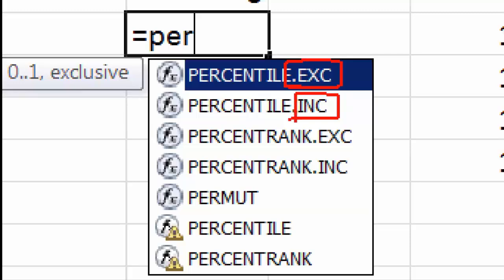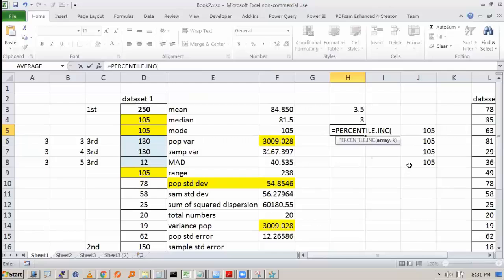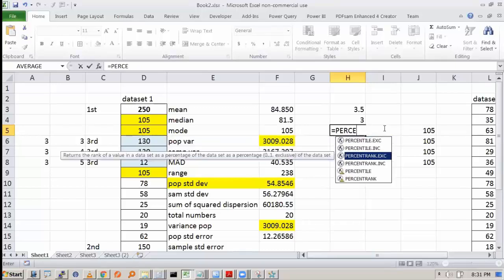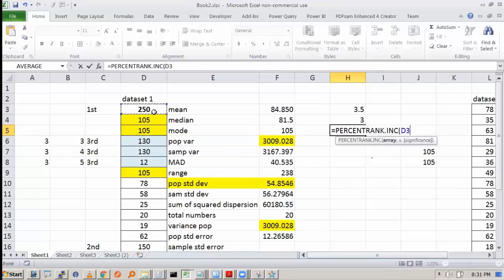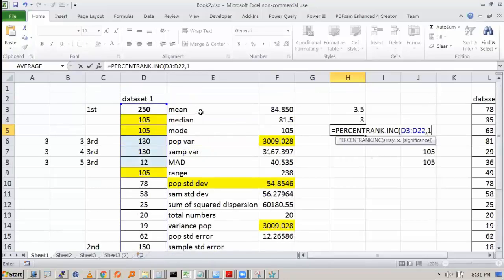So let's say we are including the number in the percentile rank, and this is our array. In this we want to find out the rank of 250. So 250 is the top guy.